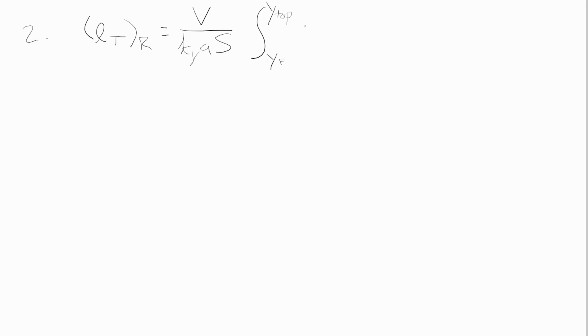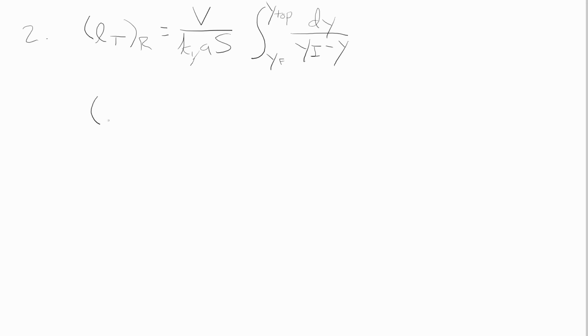the gas phase mole fractions of dy over the interfacial or the equilibrium gas phase mole fraction minus the variable, the y variable, the gas phase mole fraction, right? We're integrating in terms of that variable.